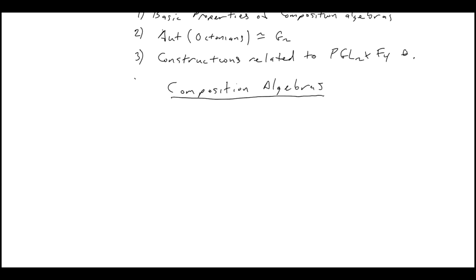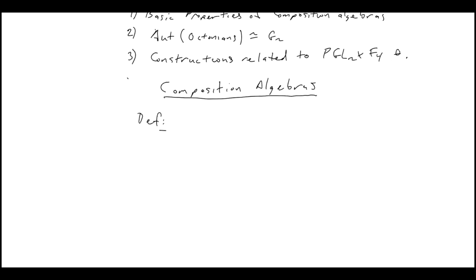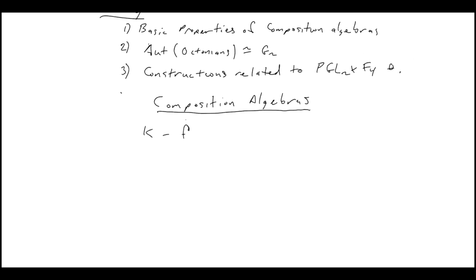All right, so let me just begin with the definition. Actually, first, K is just going to be a field. Let's assume that the characteristic of K is not equal to 2.